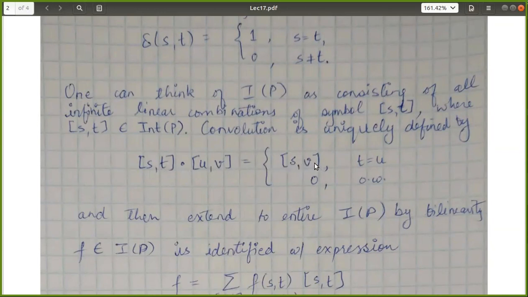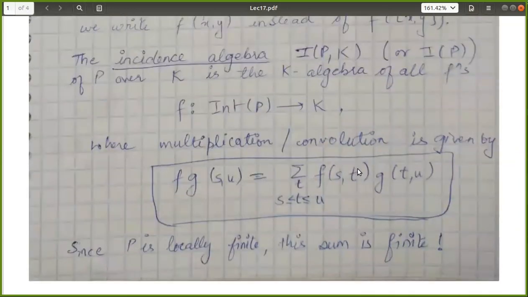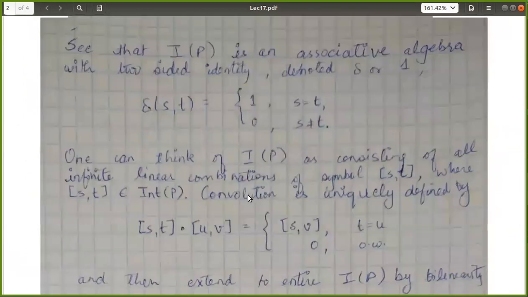So there is going to be a function h from SV to K. But now this function from SV to K should in some sense make sense in terms of f and g, which were defined here, right? So that is what we are talking about, that you can extend it to the whole of IP by linearity using this convolution, right? Okay.